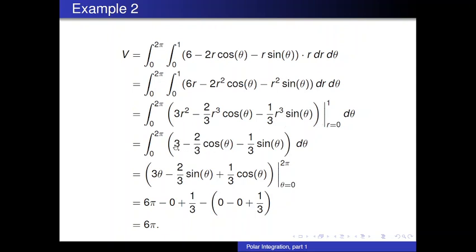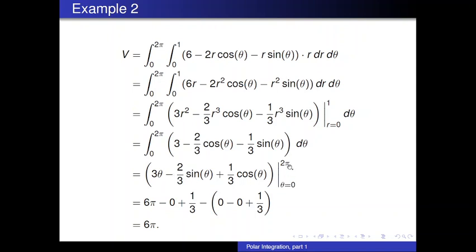So we get 3 minus 2/3 cosine theta minus 1/3 sine theta. Now we'll integrate this with respect to theta from 0 to 2 pi. We get 3 theta minus 2/3 sine theta plus 1/3 cosine theta. And we'll evaluate this expression at theta equals 2 pi and theta equals 0 and take the difference.